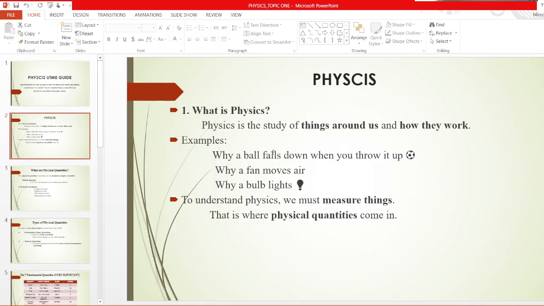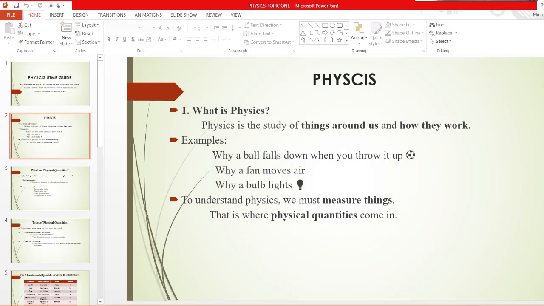That's physics. You want to investigate why a ball falls down when you throw it up. So something has to be in process that every time you throw a ball or anything up, it falls down. Gravity. Why does a fan move here? So every time you try to study things around you and you understand why they are happening, basically that is physics.